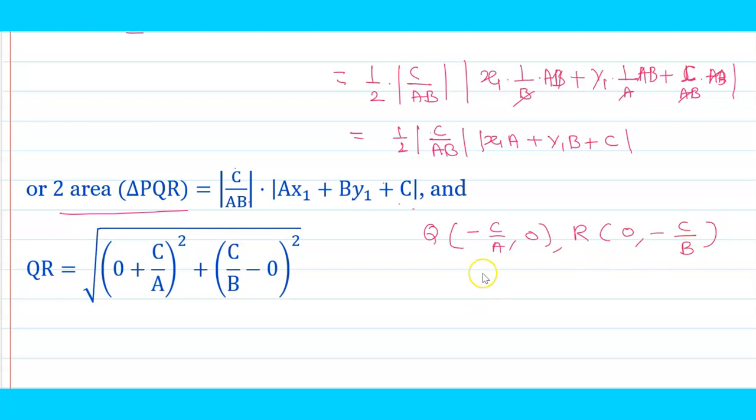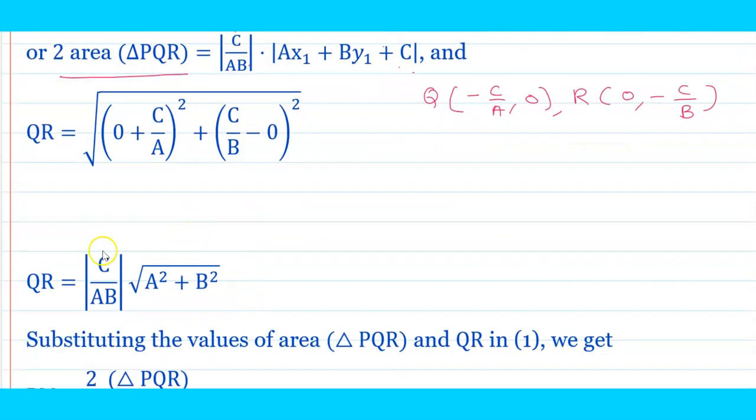Okay. Now using the distance formula, 0 minus in bracket minus C upon A, that will become plus, C upon A bracket square plus. Next again 0 minus in bracket minus C upon B, that will become plus, and overall C upon A bracket square plus C upon B bracket square.